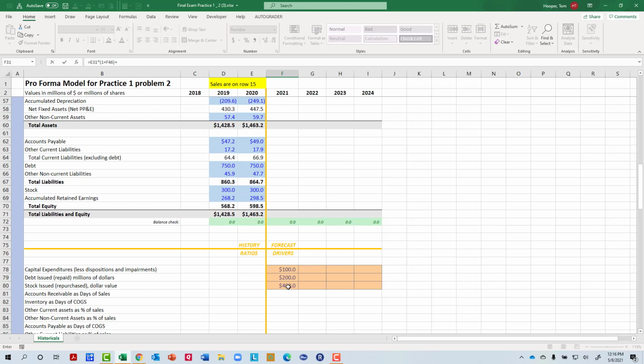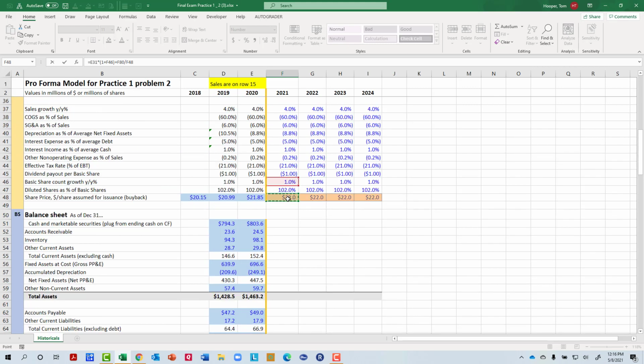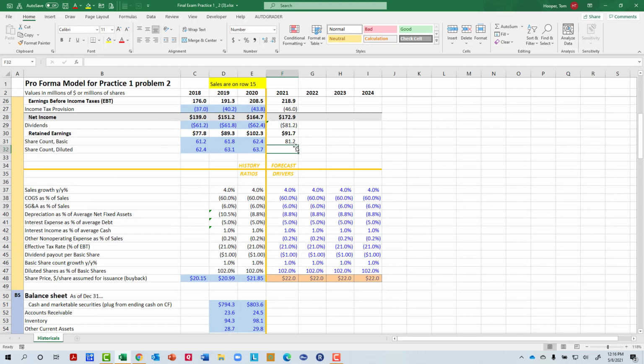So if I issue $400 million of stock divided by $22 a share, that will give me the additional shares from that manual issuance that I add to this annual increase. And that gets me to bump that stock count up to 81 million shares. And if we assume that the same proportion is diluted, then we get that number.